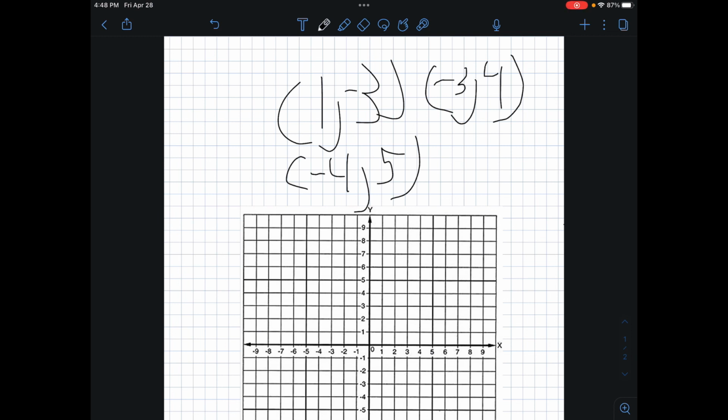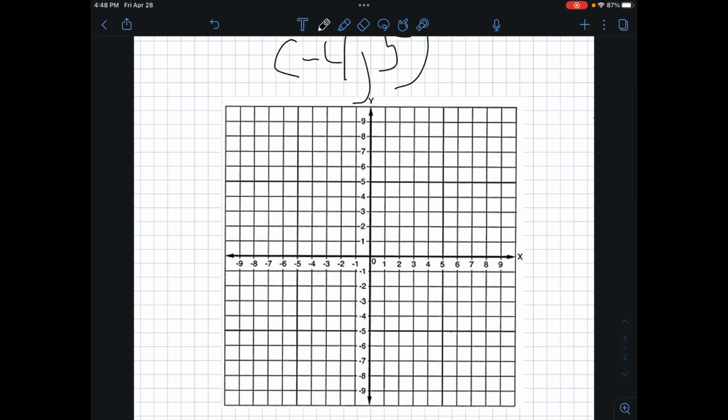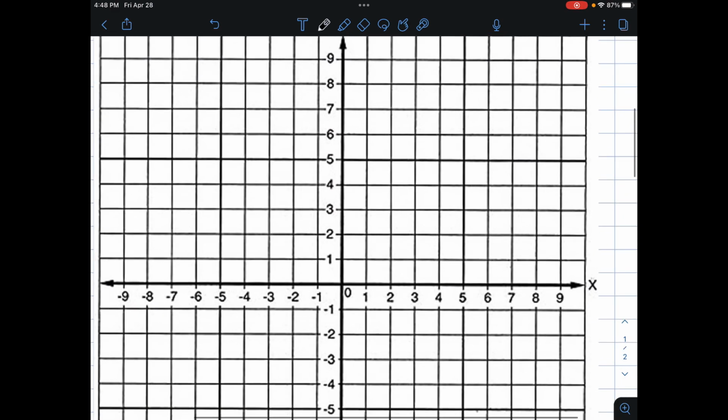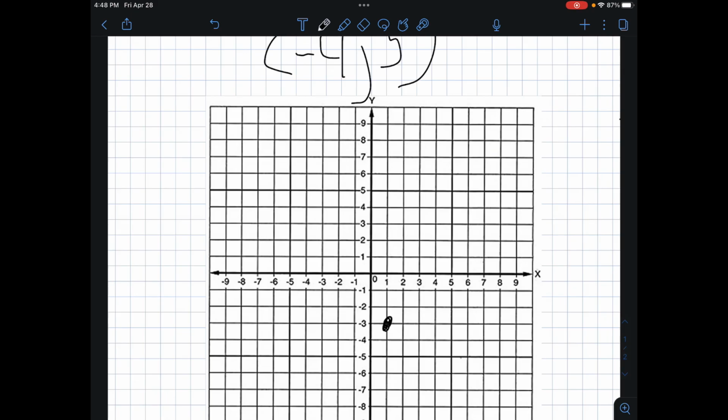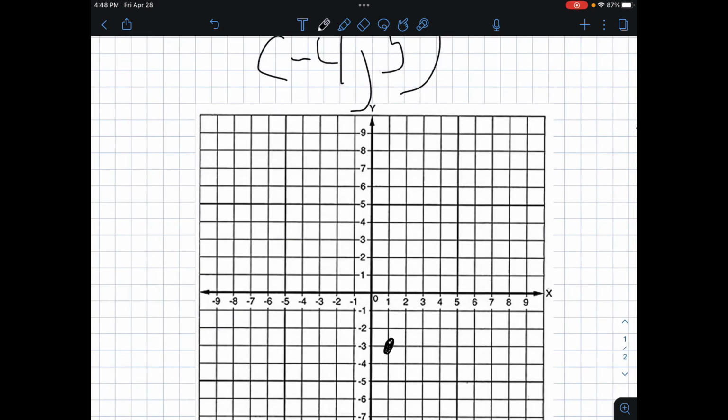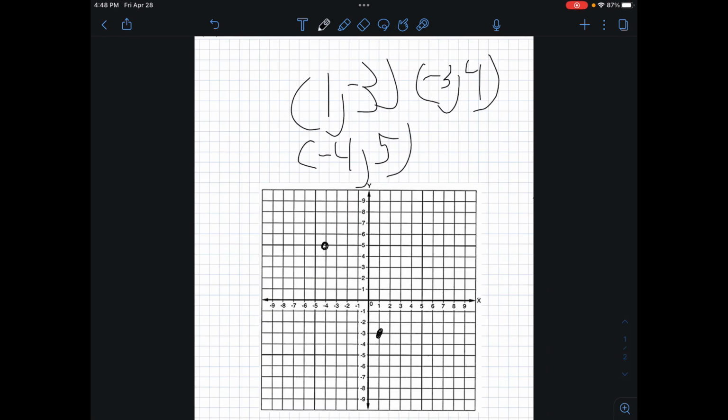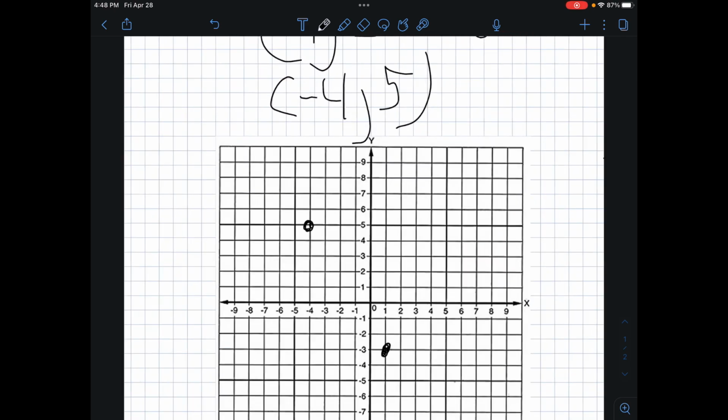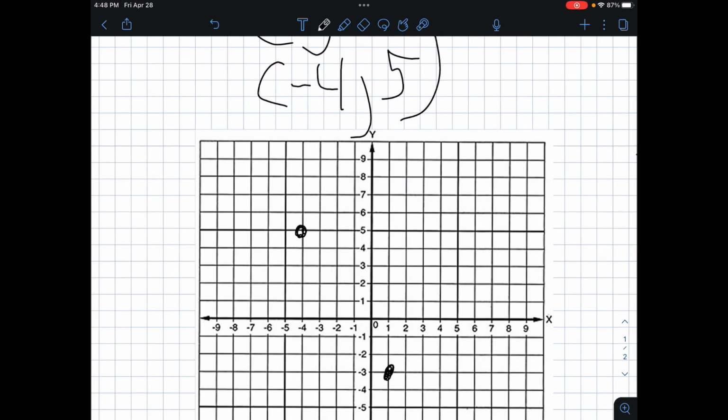So 1, -3 would be right here. -4, 5 is right here. And -3, 4 is right here.